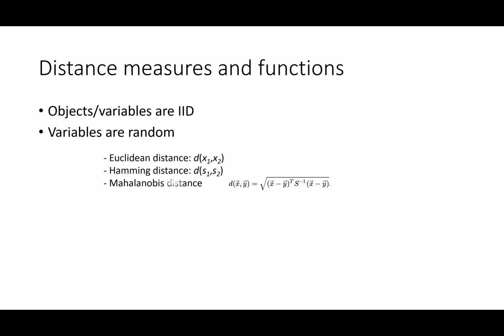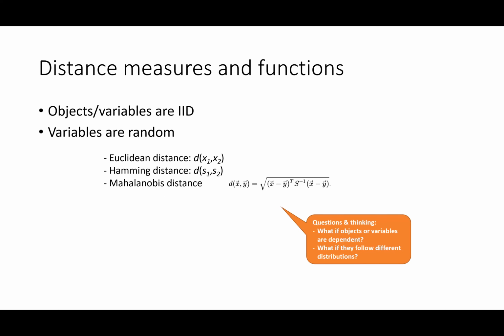Usually we see it that way. Like in the very basic ones, Euclidean distance, Hamming distance, or Mahalanobis distance, you need to think about whether they have the IID assumption.